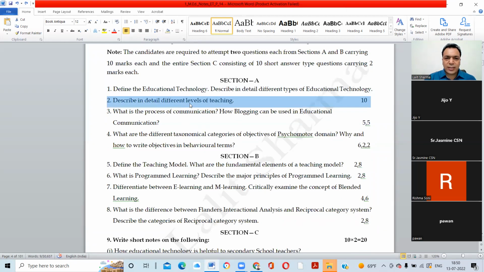Because some of the students just see the question and start writing from the first heading, levels of teaching. So it is advised to all of you: first talk about what is the base of the question. It is talking about the 3 levels, and they have come from teaching. You should define teaching first, right?